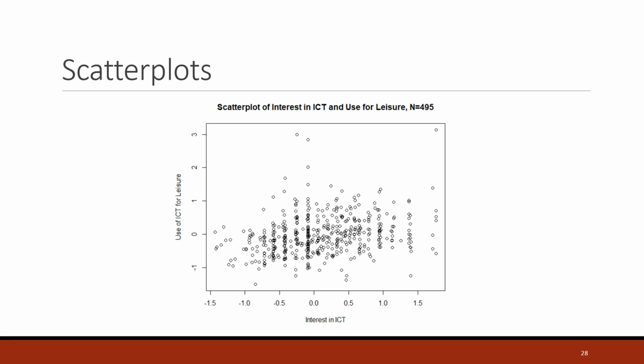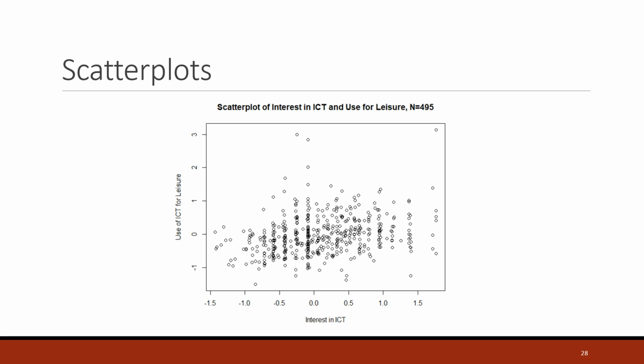We can also see in the main title there that the valid sample size for this particular consideration is 495. So amongst our 500 overall observations, only 495 of them had a valid observation on both the interest and the use for leisure variables. And those are the observations that make up the scatter plot below.